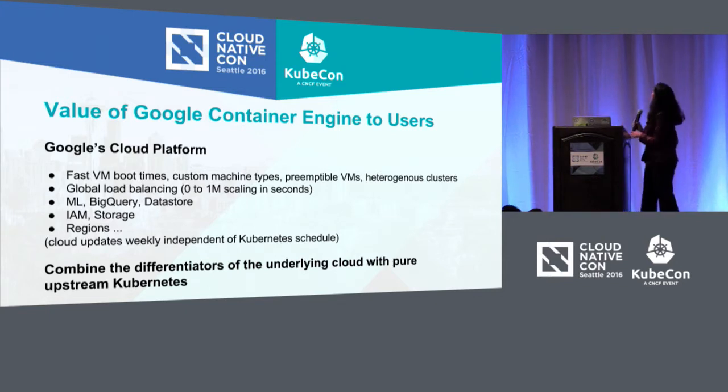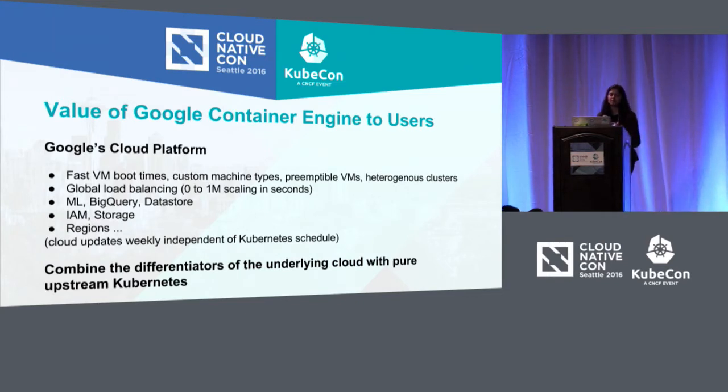But some of the differentiators with the cloud platform are faster startup times for the VMs, as well as heterogeneous different types of VMs, preemptible VMs, and custom VMs. Also, the Google Cloud load balancing has some unique properties. It's global at an L7 level. We'll be demonstrating some of that as well.